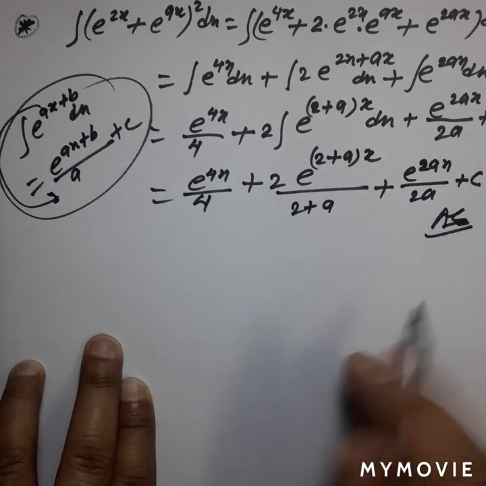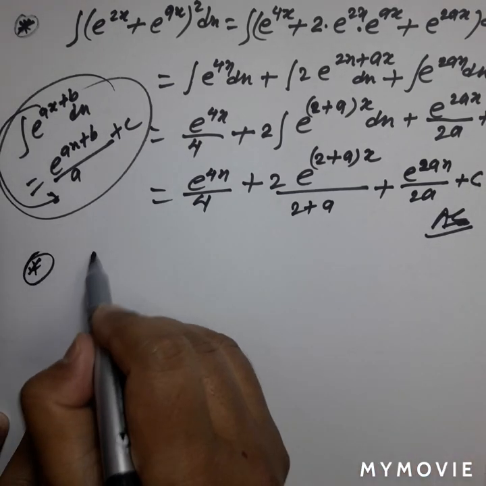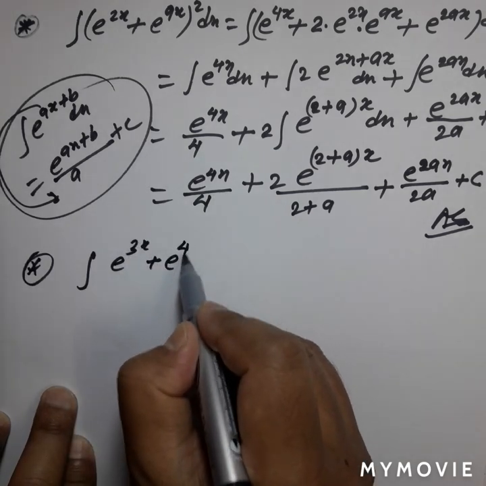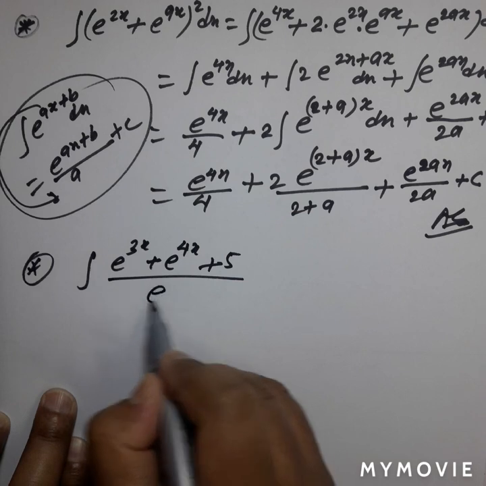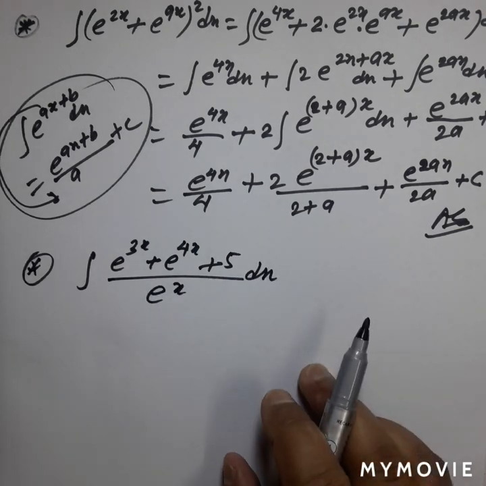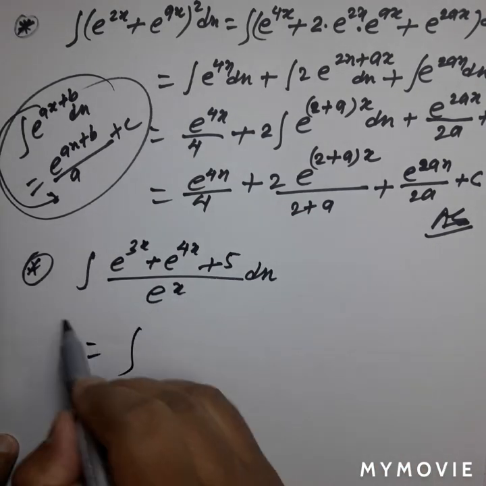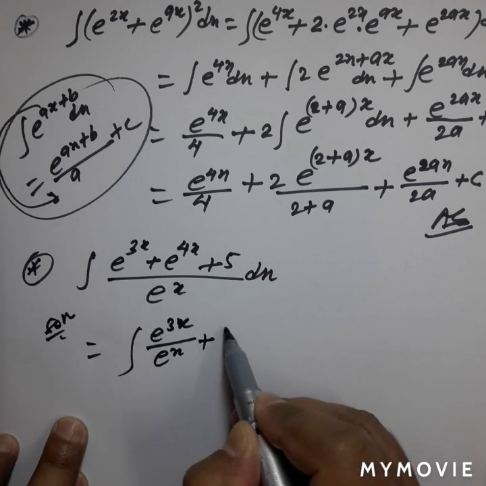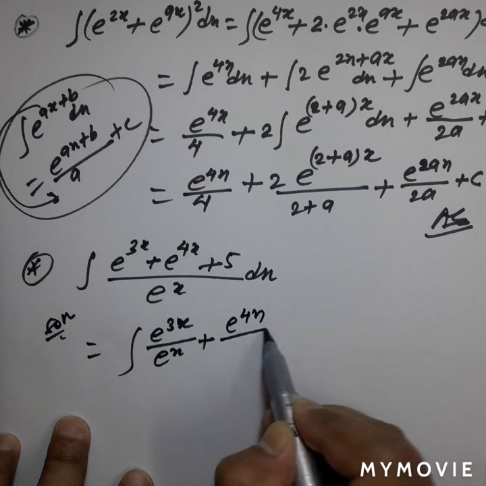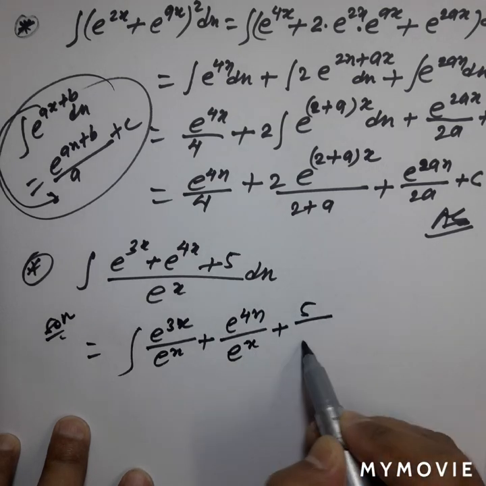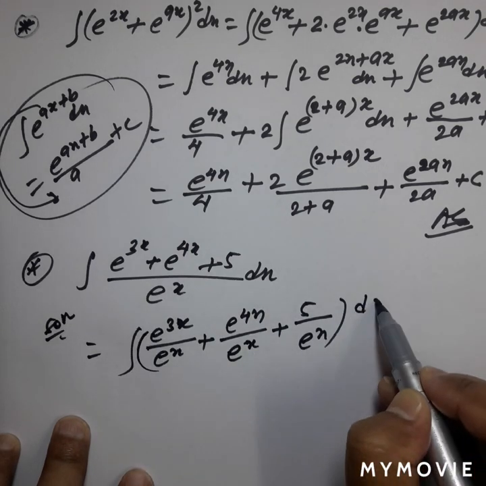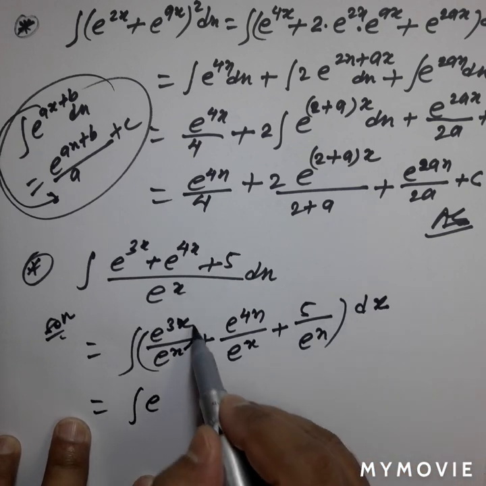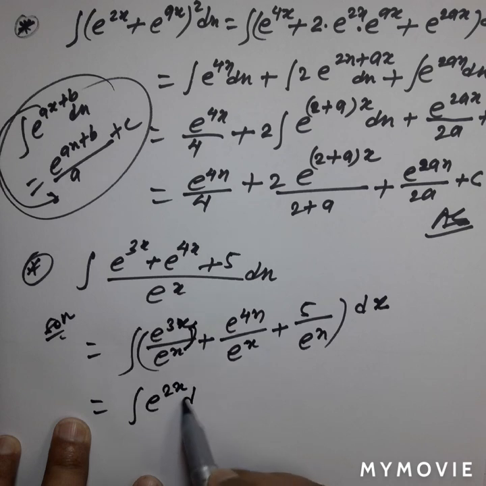This is our answer. Similarly, if you are given (e power 3x plus e power 4x plus 5) by e power x dx, then how do you find its antiderivative? So it is e power 3x by e power x, and e power 4x by e power x, plus 5 by e power x dx, and this is e power minus x, which becomes e power 2x dx.